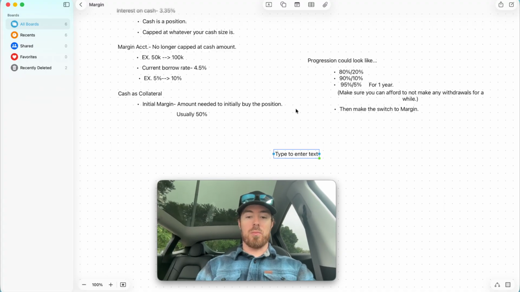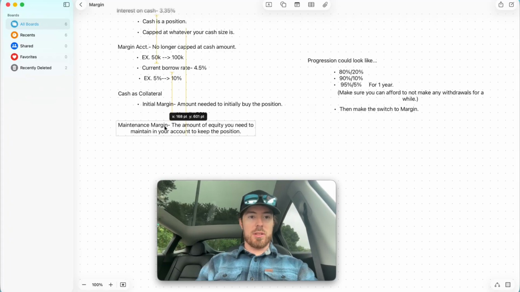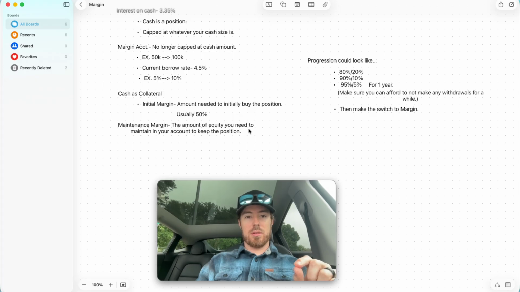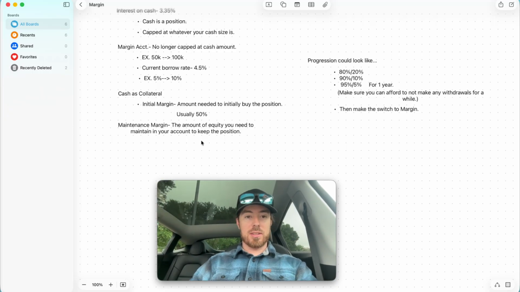The important one is maintenance margin. So maintenance margin is the amount of equity you need in your account to maintain the position. This is the part that you want to really be sure of. I'm going to show you on Robinhood right now where to find this. I'll even do some video on the app where you can quickly access buying power, maintenance margin, all those things.